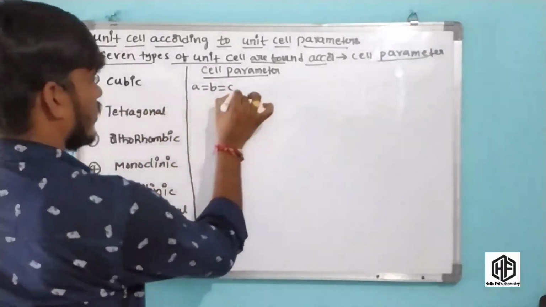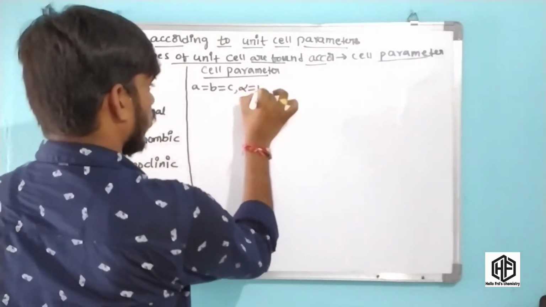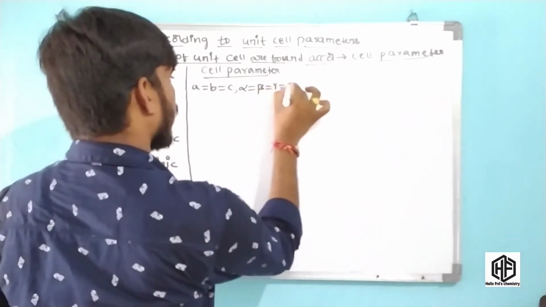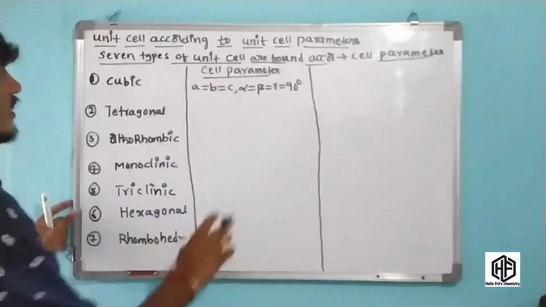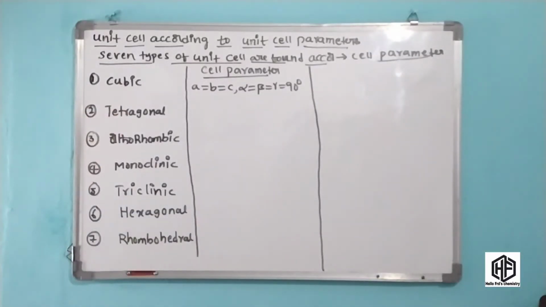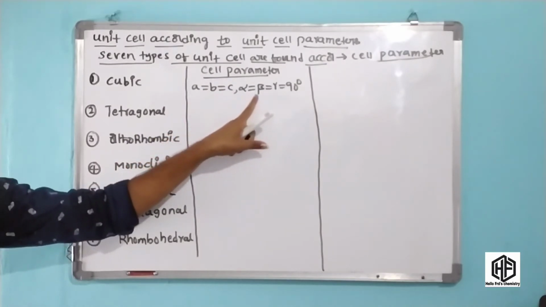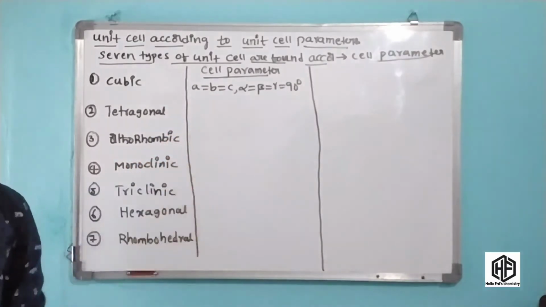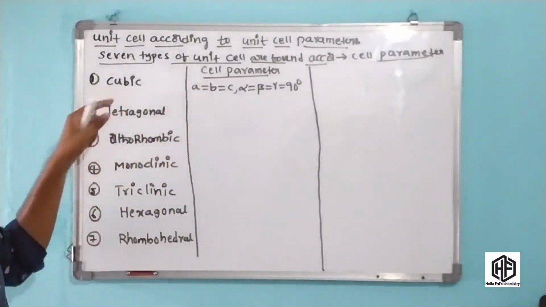And second are the angles: alpha is equal to beta is equal to gamma is equal to 90 degrees in the cubic unit cell. This is the arrangement of cell parameters in a cube.